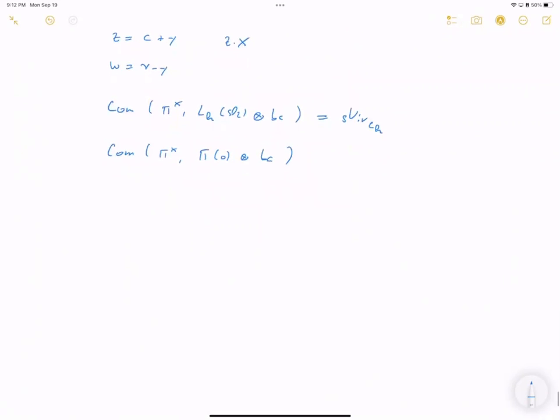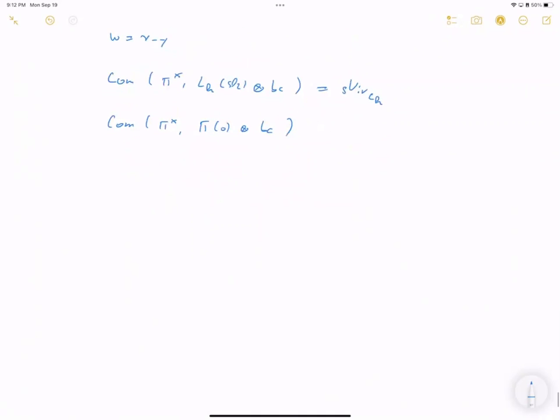So the Virasoro commutes with the Heisenberg anyway, and this pi naught has the property that if you do some computation, let me just write some dots, you observe that this one is just isomorphic to another Heisenberg algebra times two free fermions.